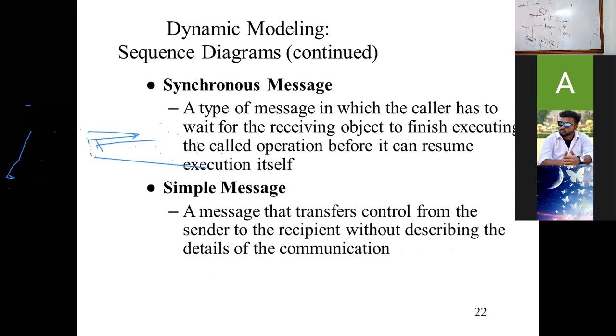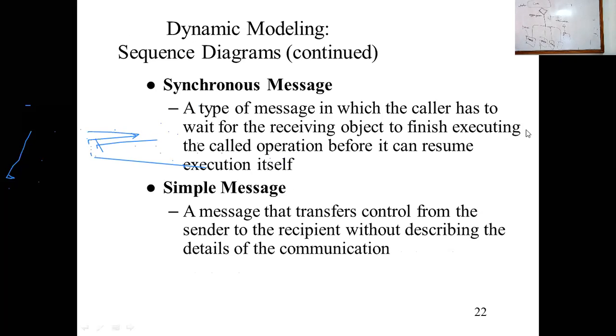A synchronous message is a type of message in which the calling object has to wait for the receiving object to finish executing the called operation before it can resume execution itself.